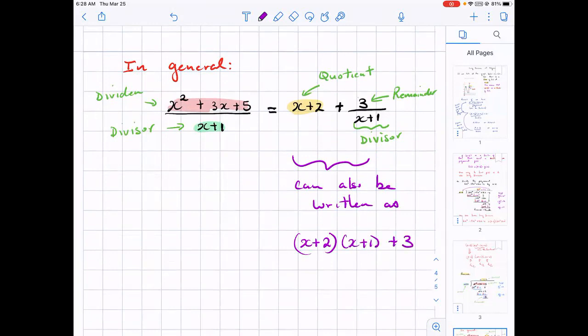And we get that by multiplying both terms by x plus 1. This is what's called the division algorithm.